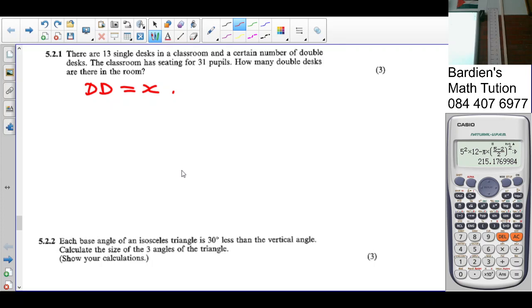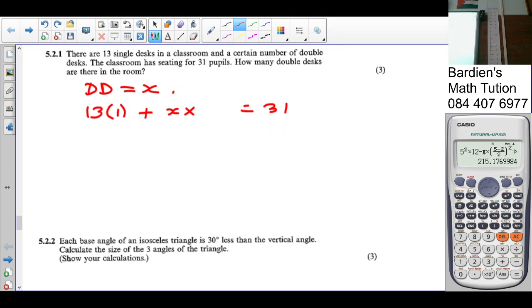So if I set up an equation, okay? If they're seating for 31 pupils, there's 31 in total. There are 13 single desks. So those 13 desks accommodate 13 people, plus x times how many people does a double desk accommodate? 2.